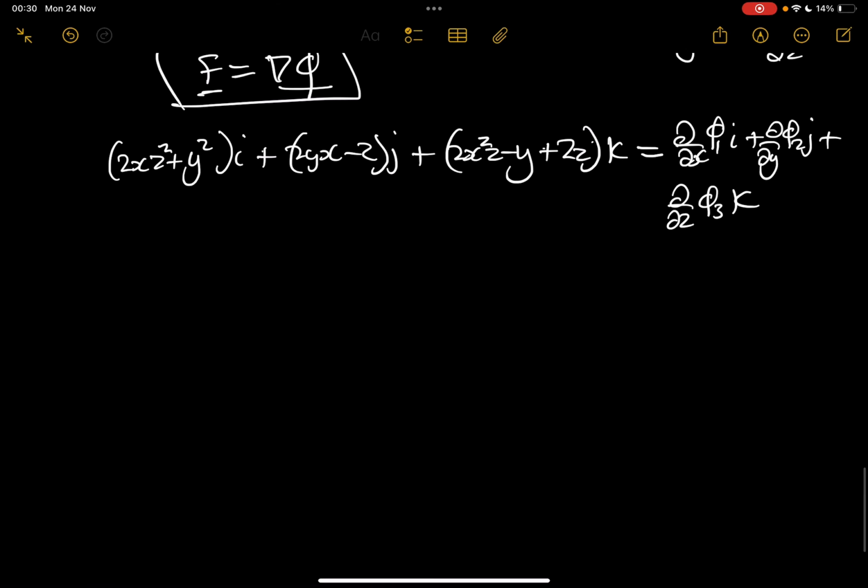So you're equating f to that. Now i, j, k are the unit vectors, so we're going to equate the coefficients of those unit vectors from both sides.